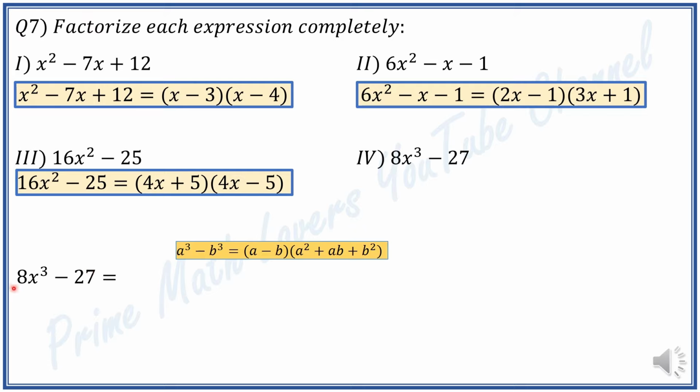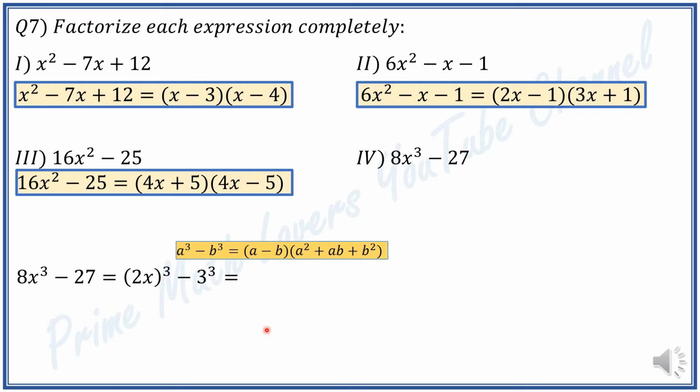First, I write down 8x cubed as 2x to the power of 3, and I write down 27 as 3 to the power of 3. We know that 2 to the power of 3 is 8, and x to the power of 3 will be x cubed. And 3 to the power of 3 is 27. So we apply this identity.